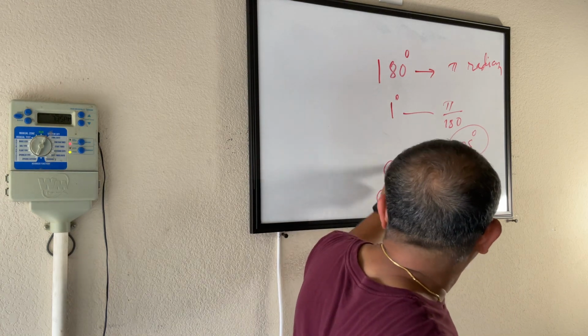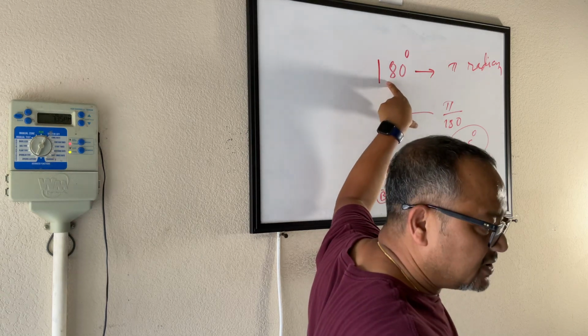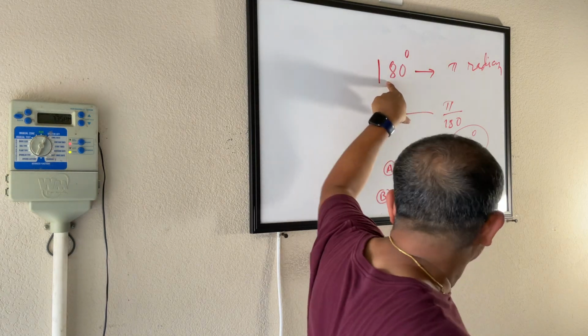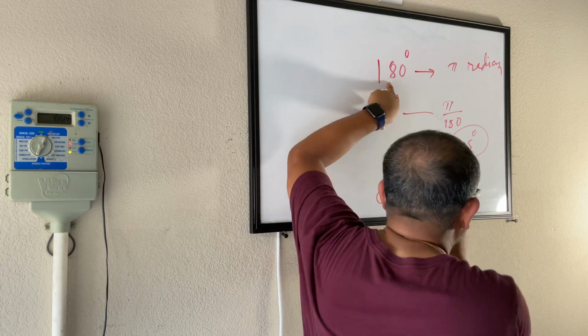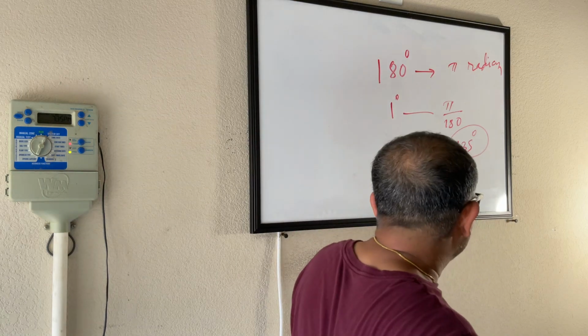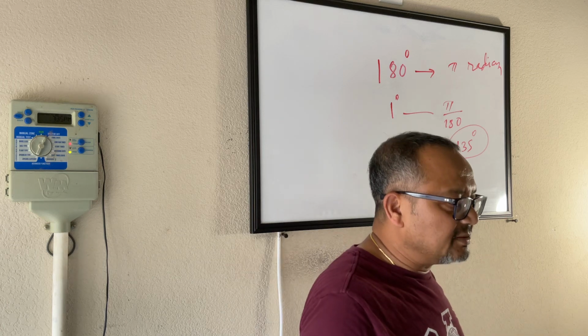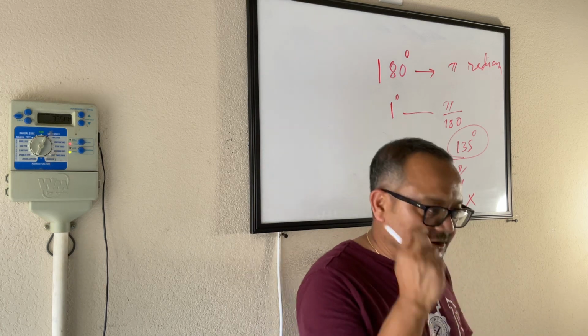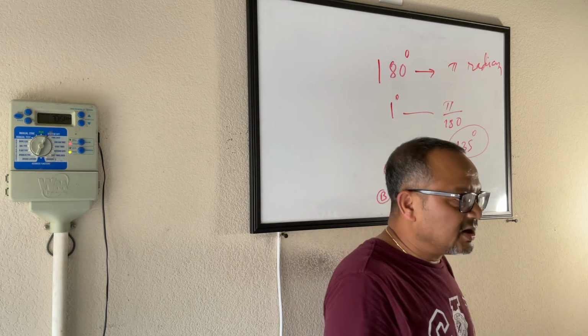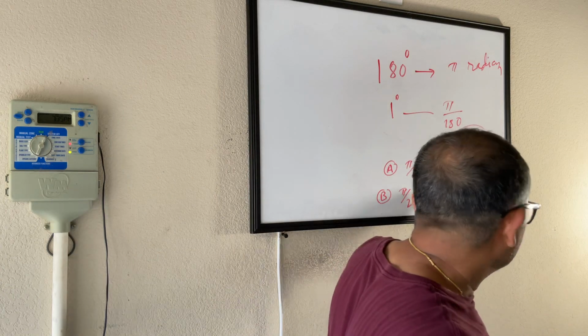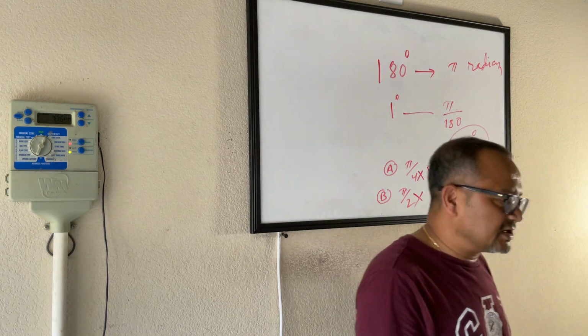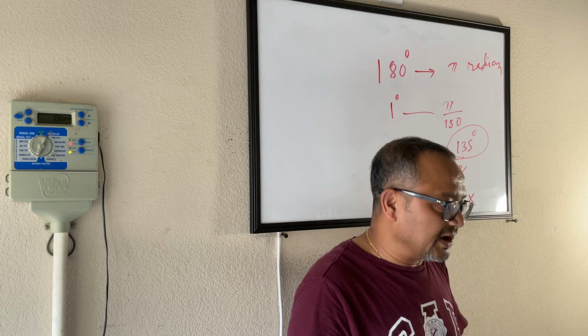This is pi by 4, 180 by 4, which is half of 90, 45 degrees. We are not talking about this. So we have only one option; three options are not right. This is called the elimination technique. Many of the times you can solve the problem without solving it, by just using common sense, and that will help you save a lot of time.